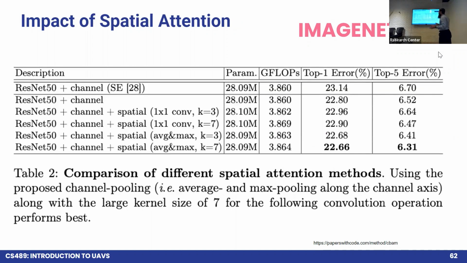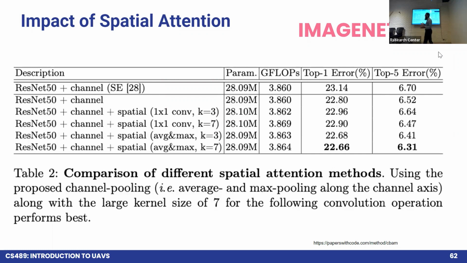Impact of the spatial attention alone. So here ResNet plus channel attention, ResNet plus channel. And here they use different kernel types for the convolution. Kernel 3, kernel 7, kernel 3, kernel 7, with average and max, and here one-by-one convolution.